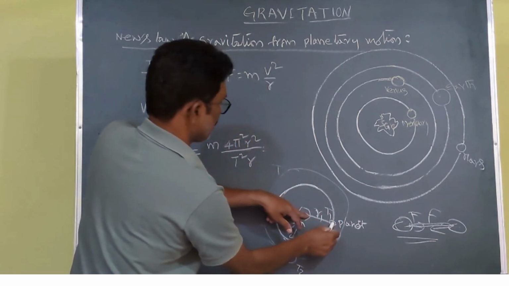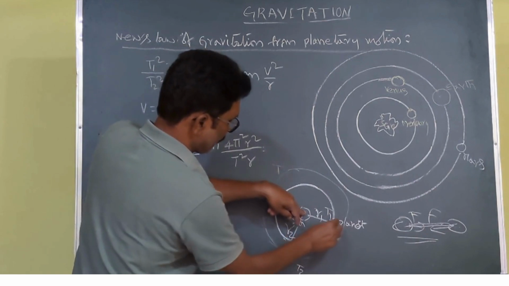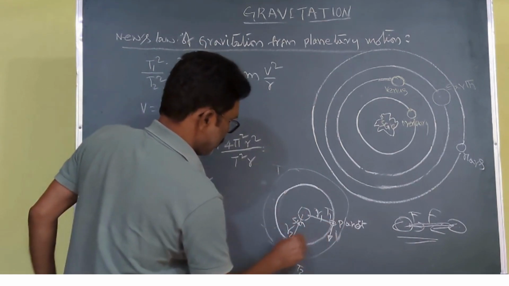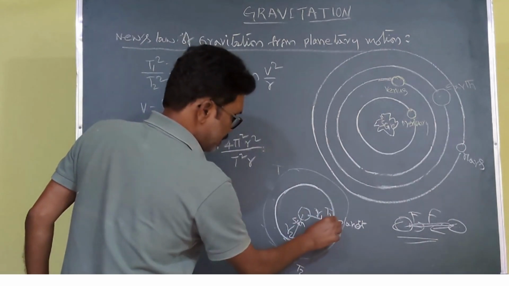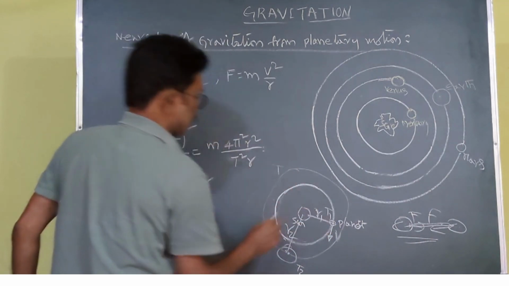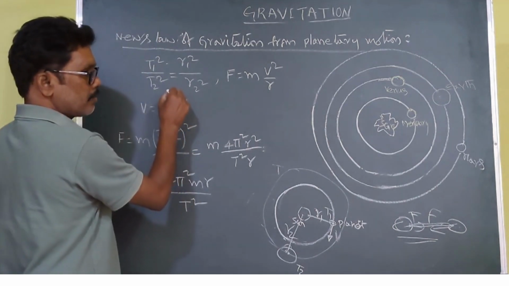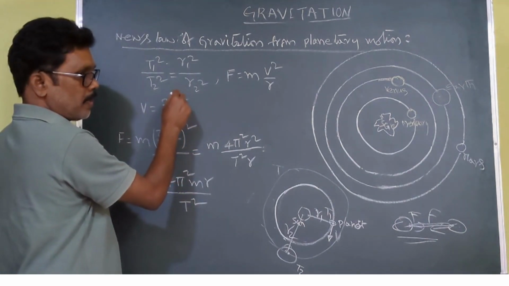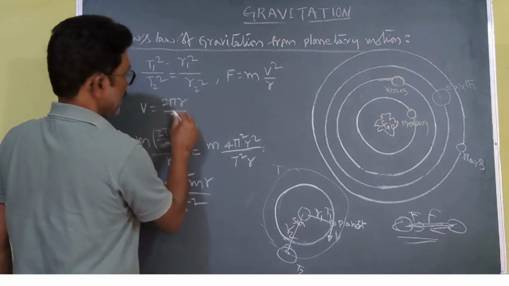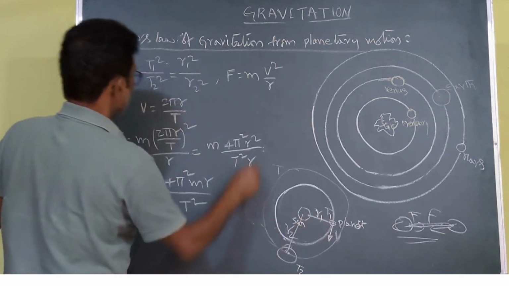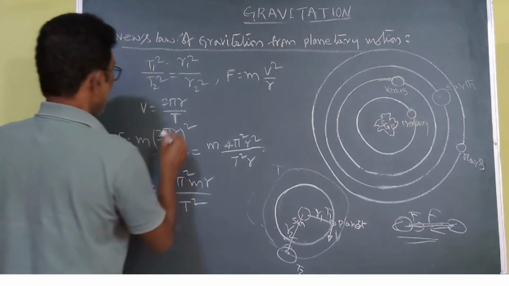The distance is 2 pi r, and the time required to complete that distance is T. Velocity equals distance by time, so v equals 2 pi r divided by T.